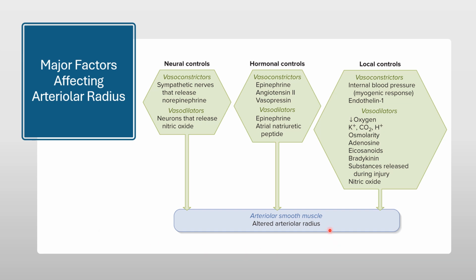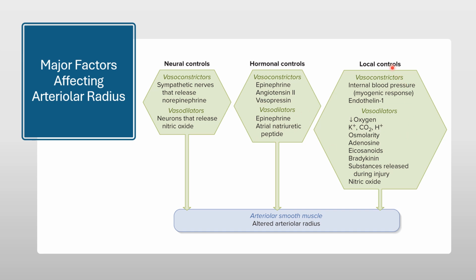They alter that smooth muscle to either expand or contract. Hormonal controls would be epinephrine, angiotensin 2, vasopressin. We talked about that in the last chapter. Those can act as vasoconstrictors, and epinephrine shows up on the vasodilators list as well, which might seem kind of weird, but remember we talked about concentration levels. That's what we're talking about here.